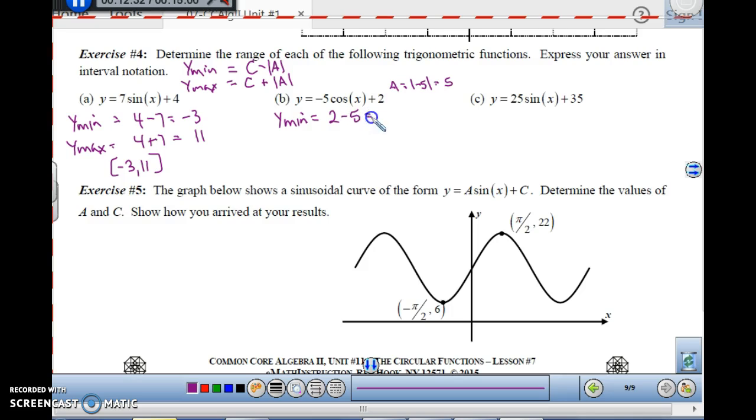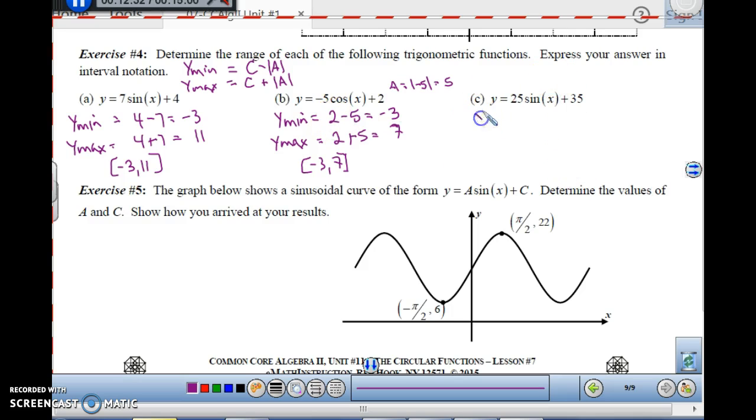So this is going to be 2 minus 5, which is negative 3, and y max will be 2 plus 5, which is 7. So your range will be from negative 3 to 7 inclusive. All right, so remember the negative is just flipping it. It's still going to a total of 5 units above or below the midline.